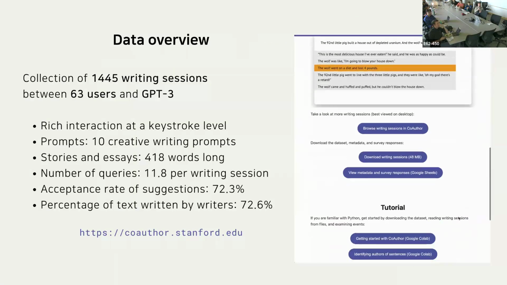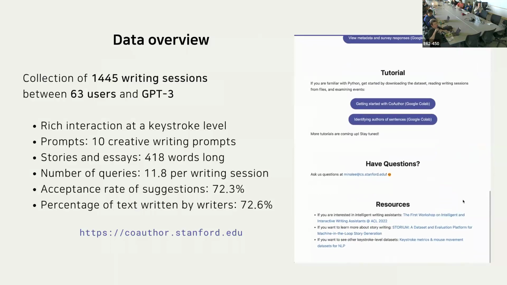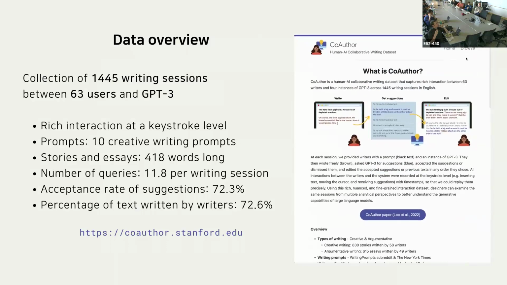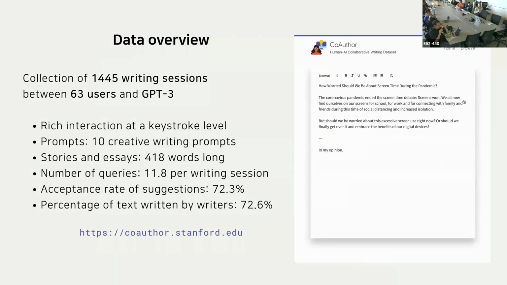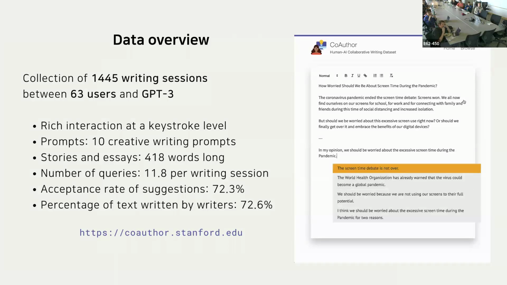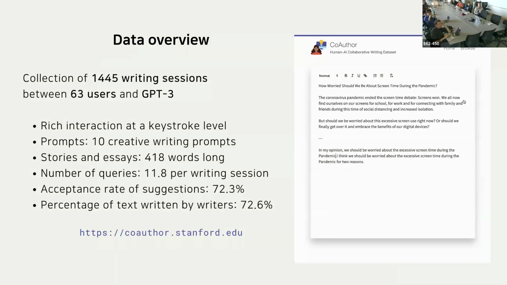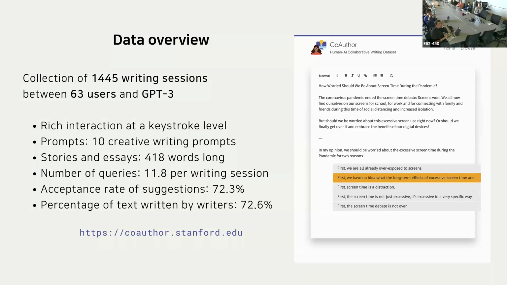With that interface, we collected nearly 1,500 writing sessions between 63 users and an instance of GPT-3. All of this data is available and replayable on the website, so if you're interested, please feel free to check it out. We studied this in two writing tasks, one creative writing and one argumentative writing, but for the interest of time, I'll focus on the creative writing results.